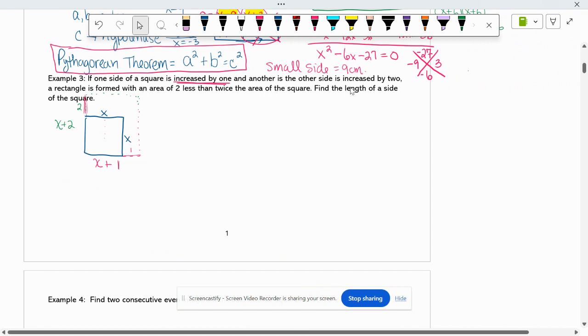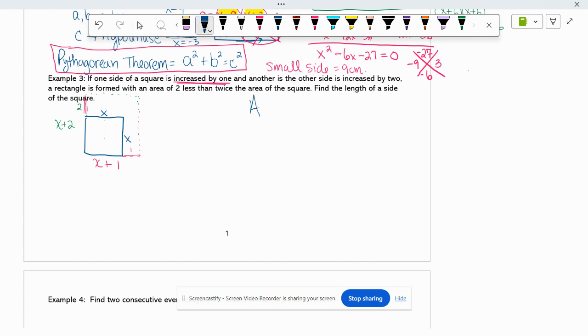Once you increase it, you have a rectangle. How do I find the area of the rectangle? Okay, length times width. What are the length and the width of my rectangle? So I'm going to take x plus 2 times x plus 1.